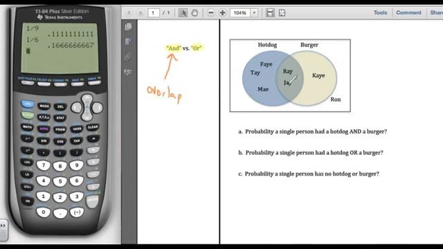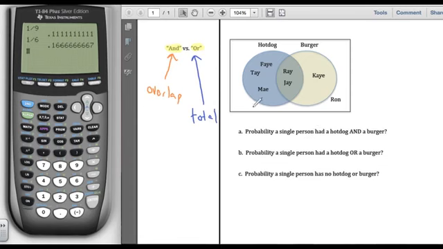Whenever you have a physical representation, some sort of graph, think about "and" as overlapping. And think about "or" as the total.